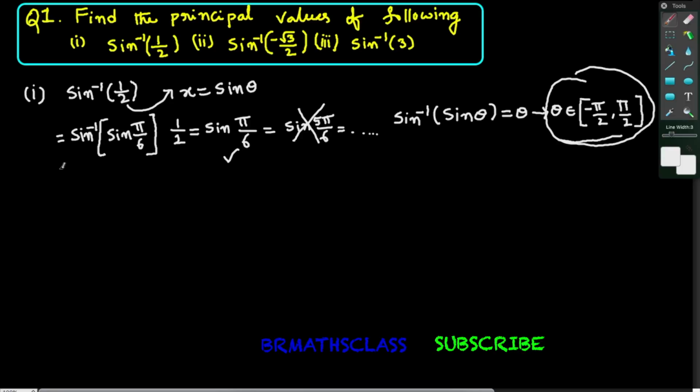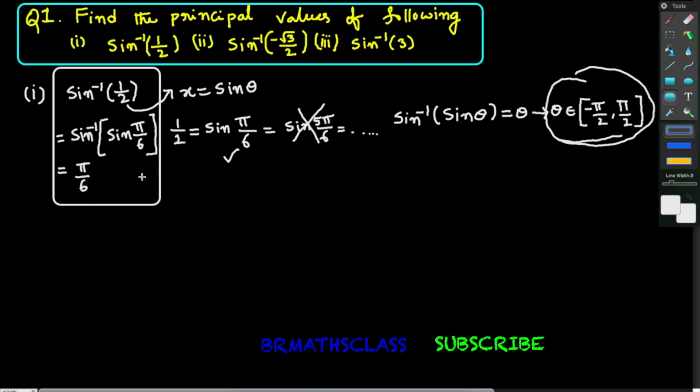Yes. So sine inverse of sine pi by 6 is pi by 6. So the principal value of sine inverse of 1 by 2 is pi by 6. Whatever is there in the white box is the solution for the principal value of sine inverse of 1 by 2.